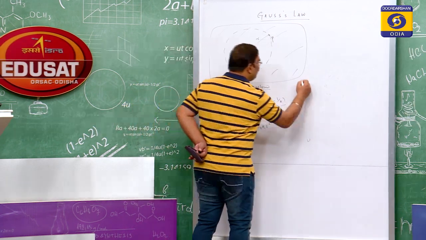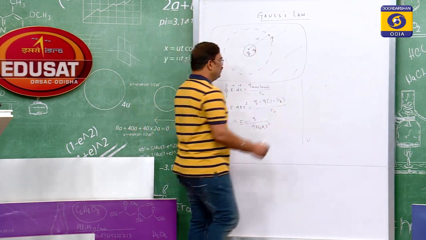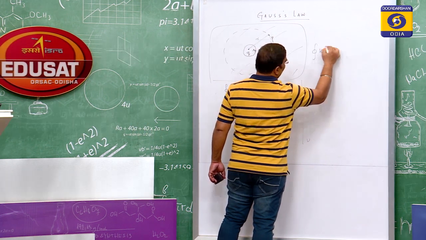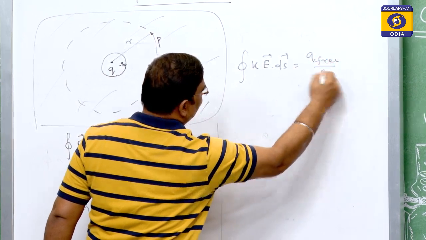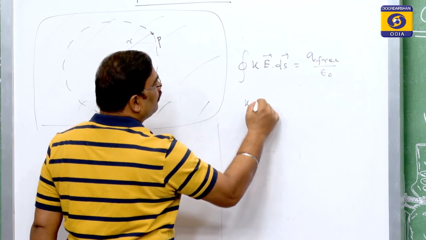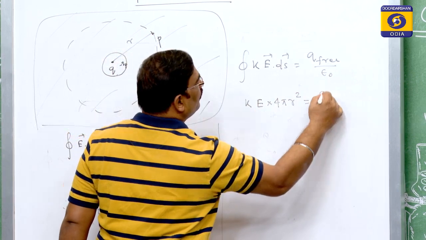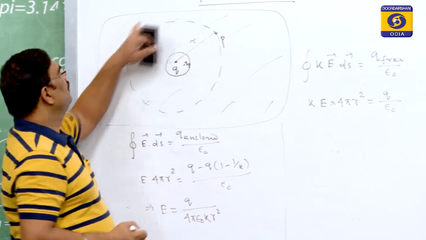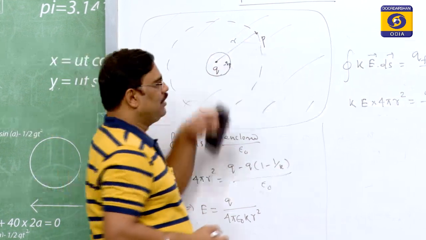Now, using the second form of Gauss law, let us try to see whether the same thing is coming or not. If I use integration K E dot ds equal to Q free divided by epsilon 0, this will give me K E into 4 pi r square equal to Q free, which is Q divided by epsilon 0, because within the Gaussian sphere, Q is the free charge and minus QP is the bound charge.